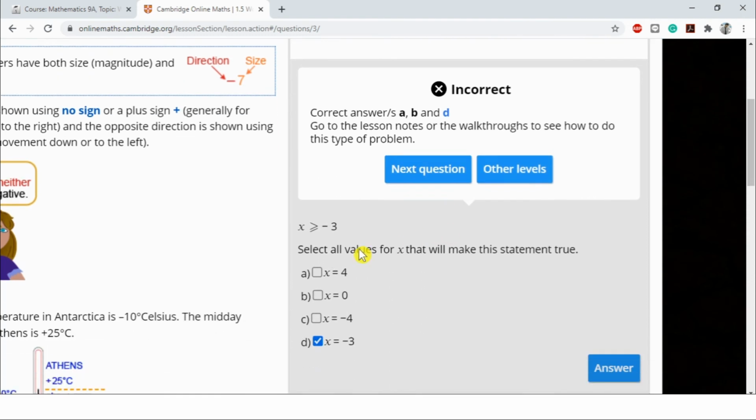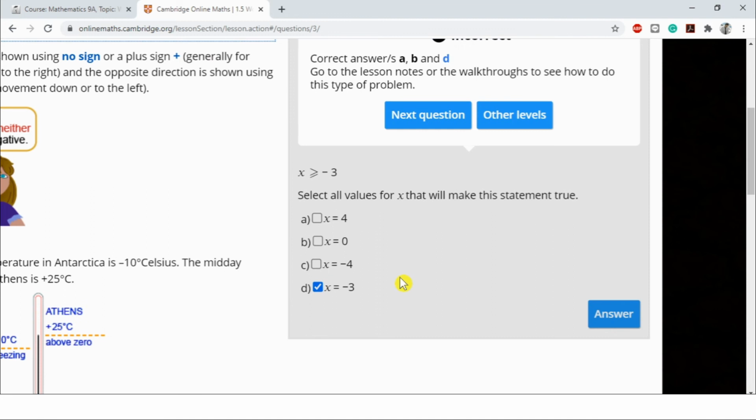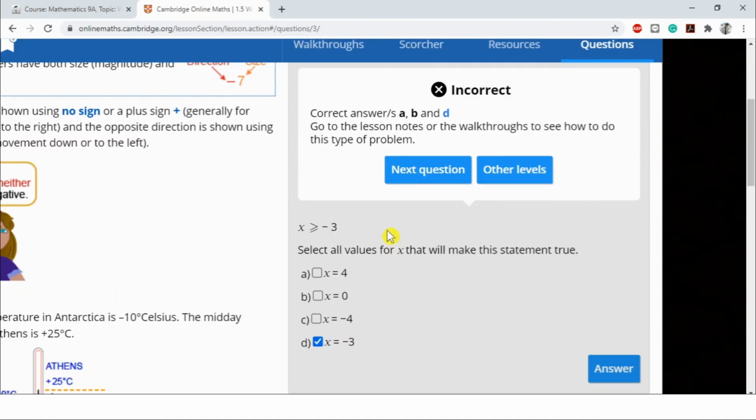I'm sorry. Understood, it's greater than or equal to minus 3. Okay, my bad. It should be 0 and 4 also. Alright, I'm so sorry. It's greater than or equal to minus 3, so starting from minus 3 and then 4 and 0, to the right, yeah. I'm so sorry, my bad. Okay.